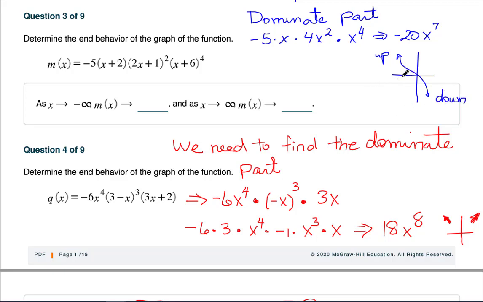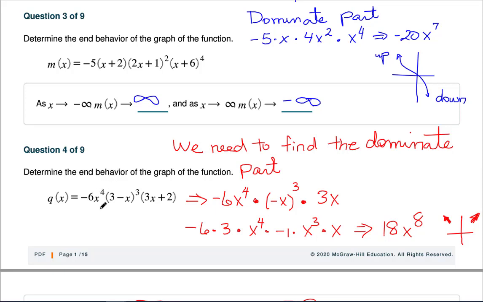So, as I head this way forever, the graph is going up. Alright, so that's going to infinity. And now as I head to the right forever, it's going down forever, and I get minus infinity. Alright, not too bad.